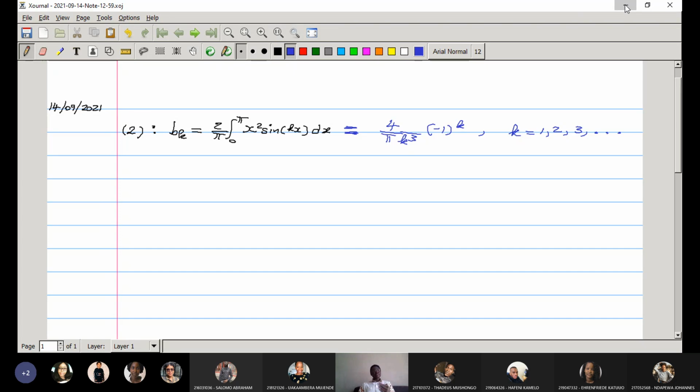And if you look at all the examples, that's exactly how we proceeded. The function is given. The function is periodic. We said we'll be dealing with periodic functions whose period is 2 pi.